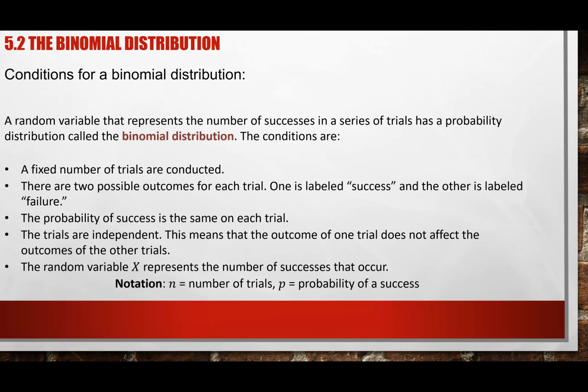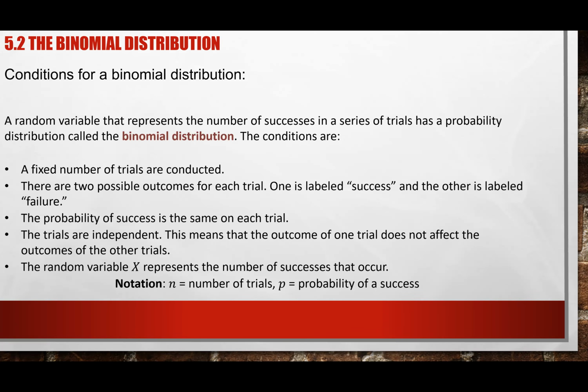The binomial distribution has to have these criteria. Without these criteria, it is not a binomial distribution. The first criterion is a fixed number of trials. For instance, if I give you a 20 question true and false test, we have a fixed number of questions, a fixed number of tries.